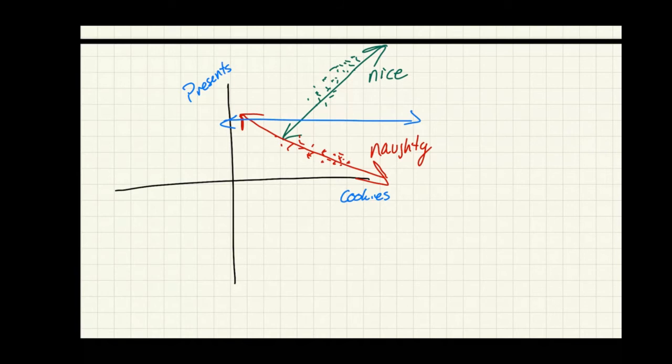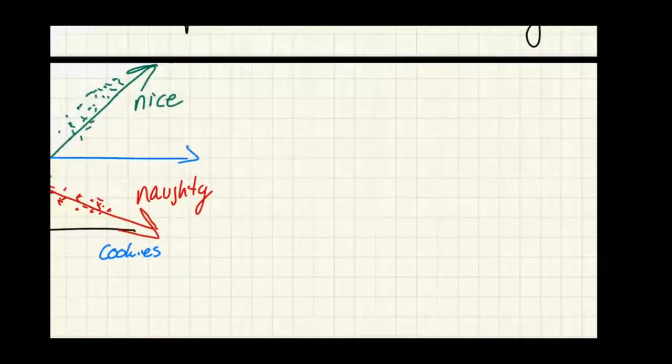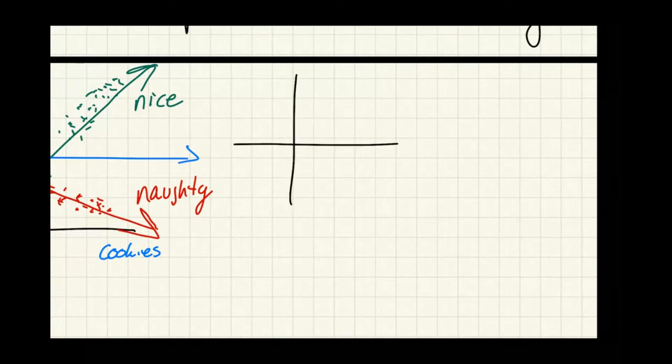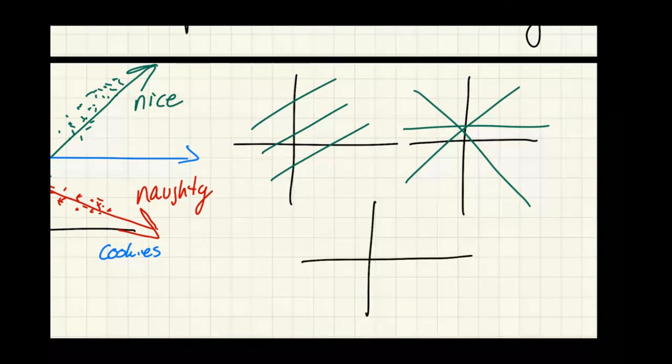Now we've talked about a couple of different types of multi-level models. We've talked about models where you have varying intercepts, models where you only have varying slopes, and models where both of these happen.